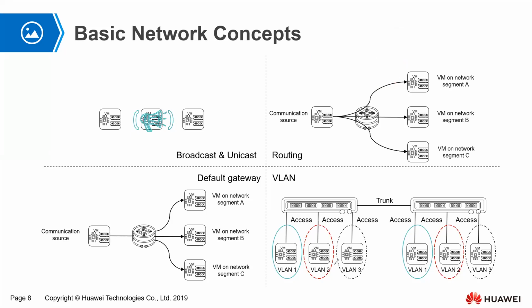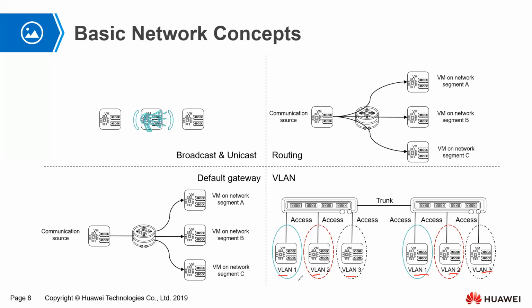Like in this diagram just below here, we have one switch and we have two switches. And we can see very well that we have a virtual LAN 1 here, virtual LAN 2 here and virtual LAN 3 there. And we have another switch which also has virtual LAN 1, virtual LAN 2, virtual LAN 3.